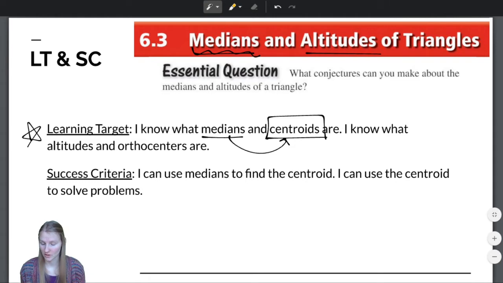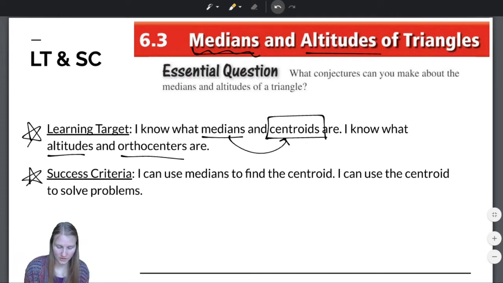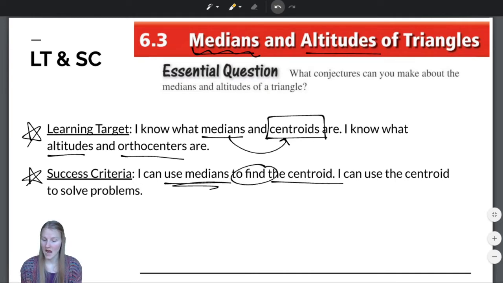Another part of the learning target is that you know what altitudes and orthocenters are. Now, orthocenters are less interesting. There are fewer applications, and honestly, it's very difficult to find applications of the orthocenter, which is why we're not going to talk a lot about it. And our success criteria is that you can use medians to find the centroid, and that you can use the centroid to solve problems.